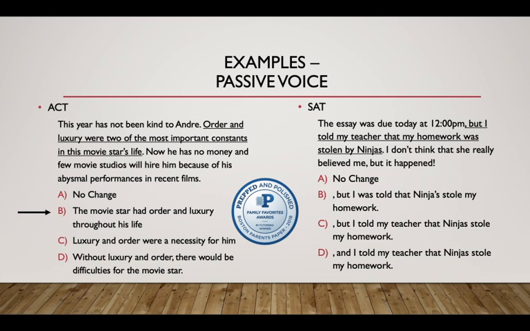Okay, so I have comma but throughout all these. So I have comma and for D. Interesting. I told my teacher that my homework was stolen by ninjas. I was told that ninjas stole my homework. I told my teacher that ninjas stole my homework, or I told my teacher that ninjas stole my homework.